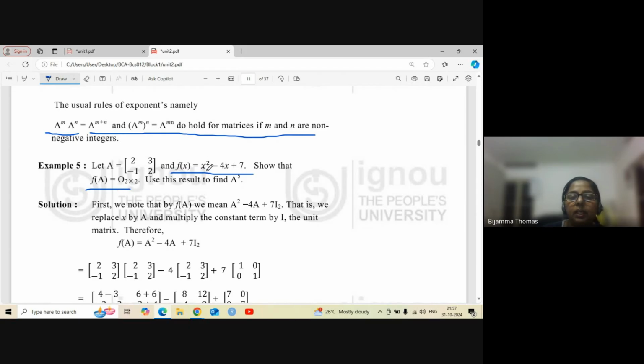That is, x is replaced by A square minus 4 into A plus 7 into, see, when the scalar is converted to a matrix, 7 is in scalar form, 7 into 1, right? When we convert the scalar into matrix form, it will be 7 into I. Here the matrix A is of order 2, so it will be I2. Is it clear?